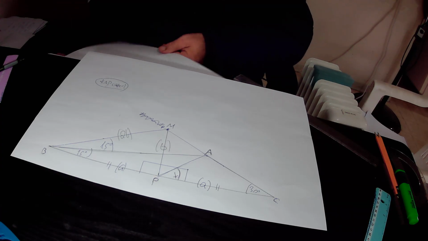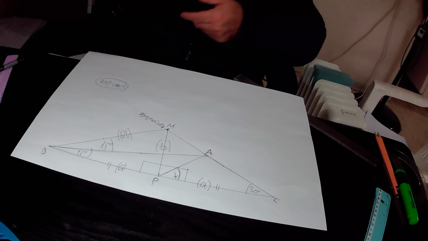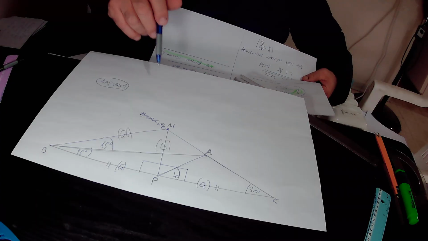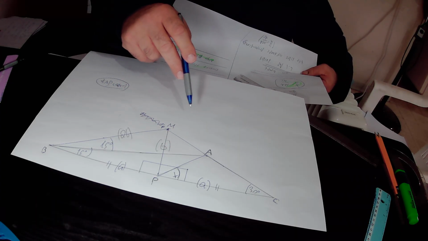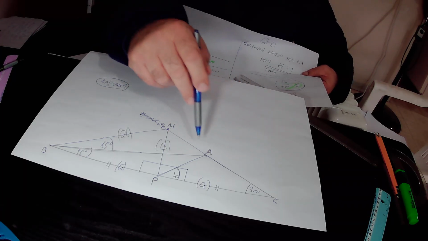So if AP is the angle bisector of this triangle MPC, it means that it divides angle MPC into two halves.